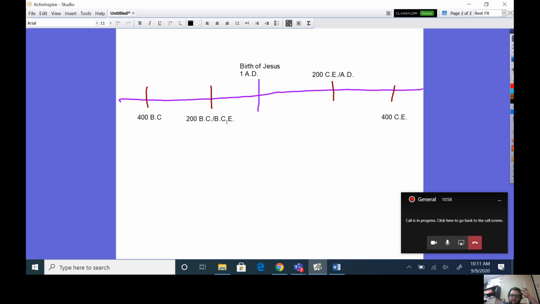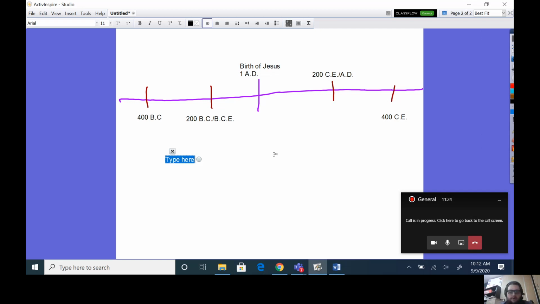Having BC or BCE tells us that this event happened 200 years before the birth of Jesus. So it is important, especially when you're working around this time frame, that you include BC, BCE, AD, or CE. If you don't do that, then we don't know for sure which side of the timeline we should be working on.